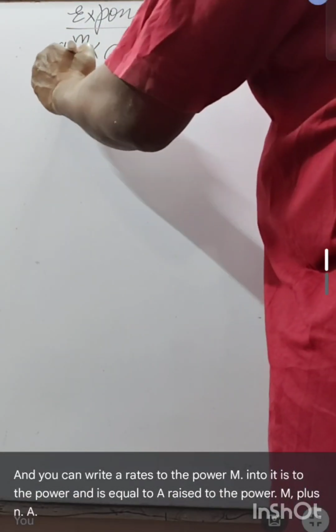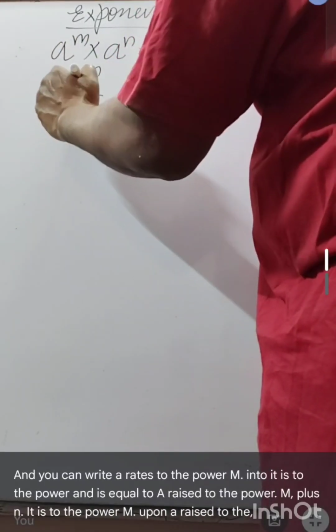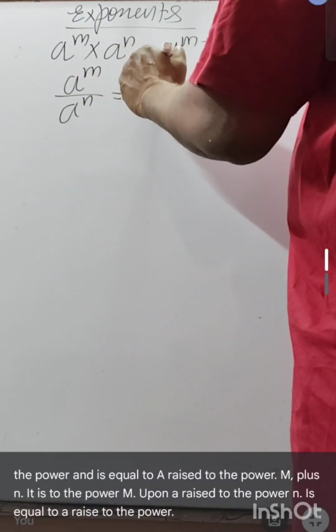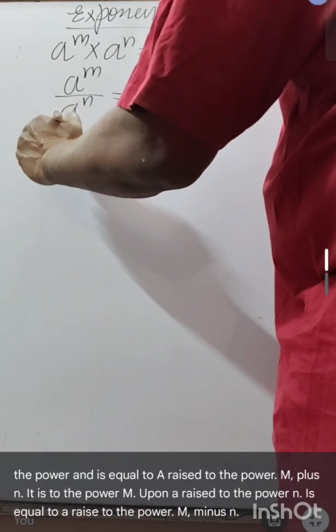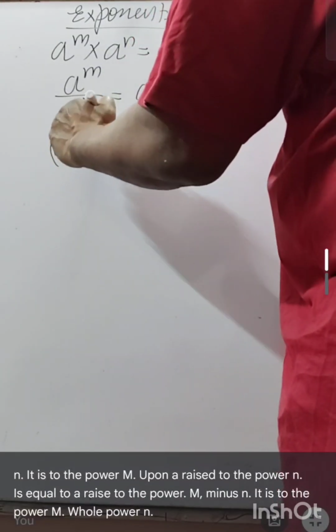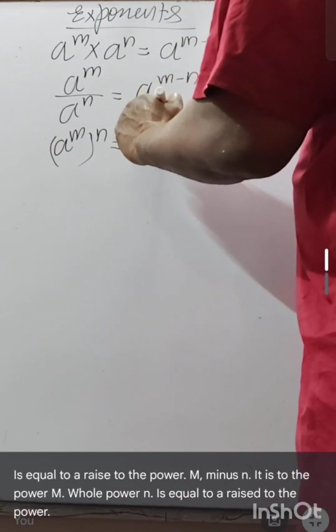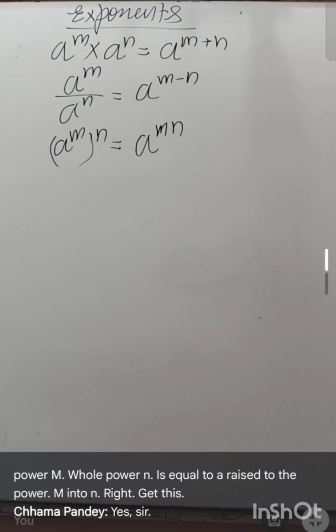A raised to the power m upon a raised to the power n is equal to a raised to the power m minus n. A raised to the power m whole power n is equal to a raised to the power m into n. Got this? Yes, sir.